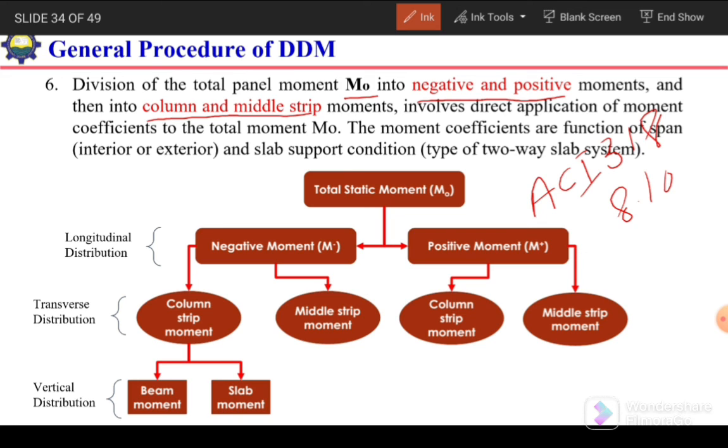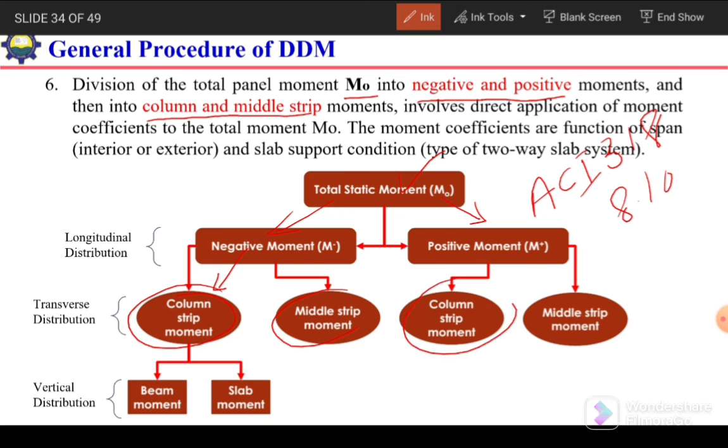We need to distribute the static moment first into the negative and positive moments, and then this negative and positive moment will be distributed into column strip and middle strip.